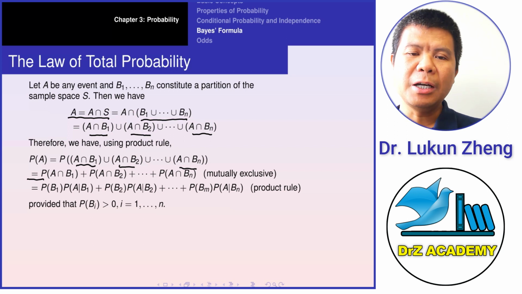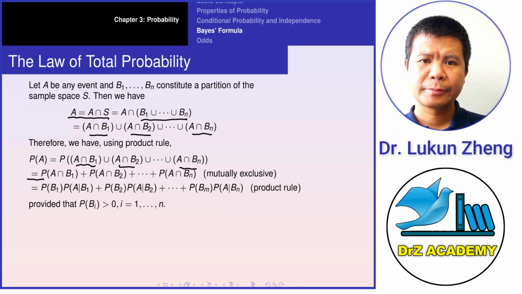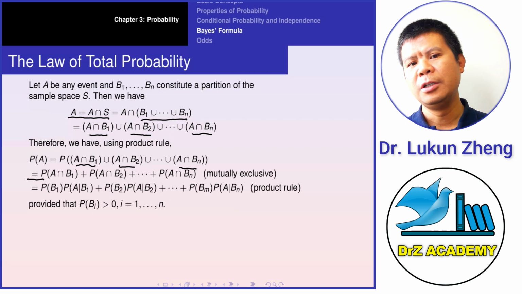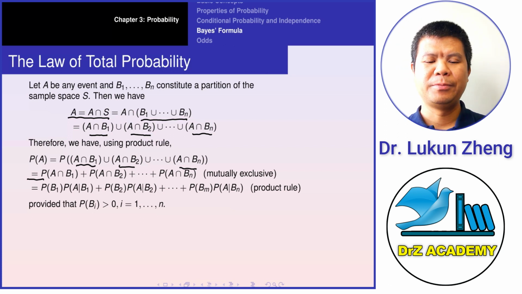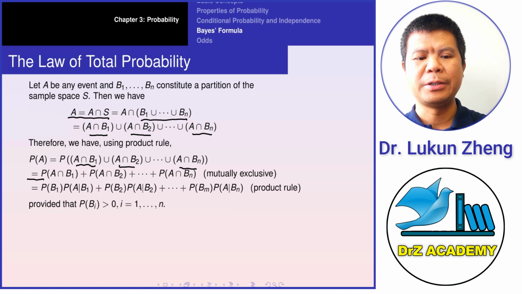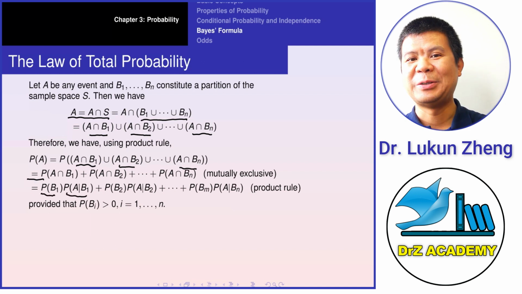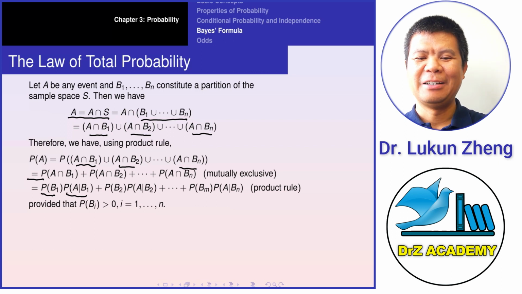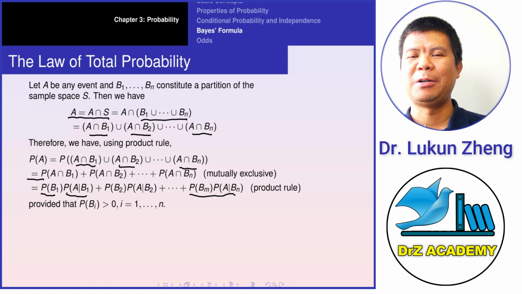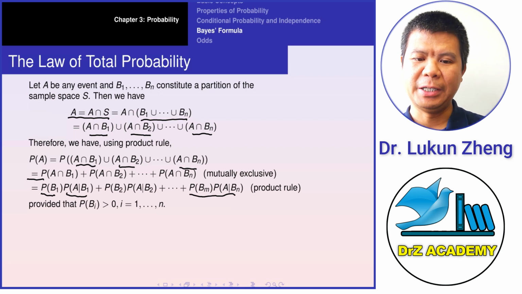And then we apply the product rule to each term. For the first one, we can write probability B1 times the probability A given B1, and probability B2 times probability A given B2, and finally probability Bn times probability A given Bn.